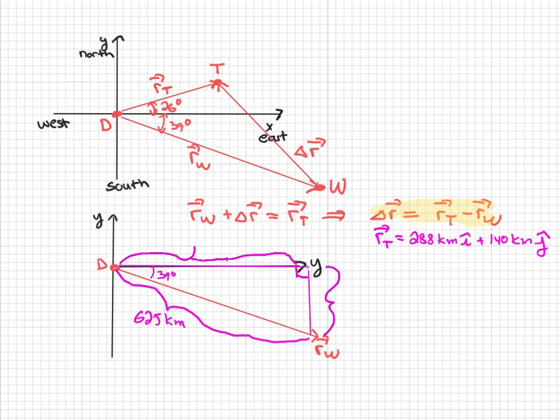This top length here, the x component of the vector r_W, is going to be 625 kilometers times the cosine of 39 degrees. And the vertical length of this triangle is going to be 625 kilometers times the sine of 39 degrees.